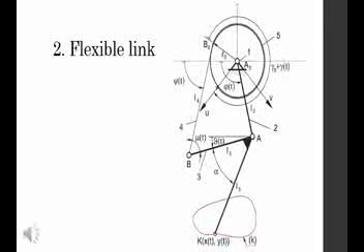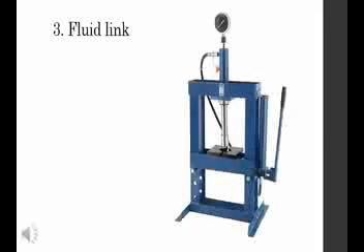2. Flexible link. A flexible link is one which, while transmitting motion, is partly deformed in a manner not to affect the transmission of motion. For example, a spring, chain, rope, or belt. 3. Fluid link.